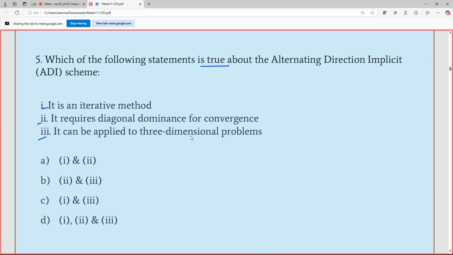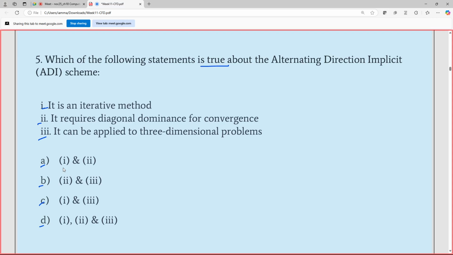So the question is asking which of the following statement is true about ADI schemes. Is it an iterative scheme? Second statement, it requires diagonal dominance for convergence. Third statement, it can be applied to three-dimensional problems. Options are: option A, first and second statements; option B, second and third statement; option C, first and third statement; option D, all the three statements. Try to answer the question.